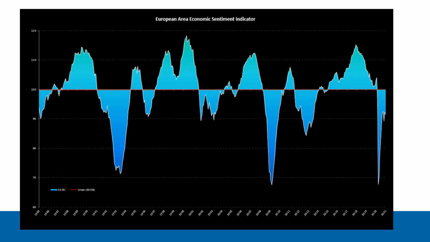And if you recall, plus 10 and minus 10 points on this index is a 1 standard deviation move. So anything outside of that is either greater than a 1 standard deviation move in the positive or a 1 standard deviation move in the negative.